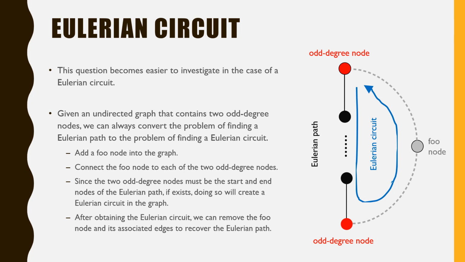Once we have found this Eulerian circuit in the modified graph, we can simply remove the new node and its associated edges to recover the original Eulerian path. As a result, by reducing the Eulerian path problem to the Eulerian circuit problem, we only need to focus on solving one problem. In the remainder of this video, we will focus on how to find a Eulerian circuit in an undirected graph.